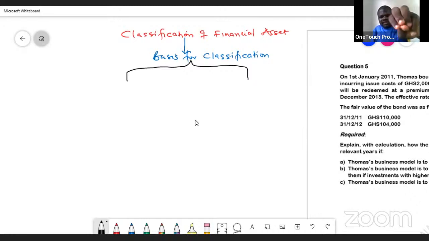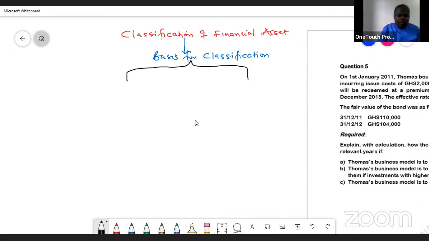What I'm trying to say is that these two things I'm going to talk about are what you are supposed to use to determine whether a financial asset is at amortized cost, at fair value through OCI, or at fair value through P&L. Take note of that. Very simple and straightforward.